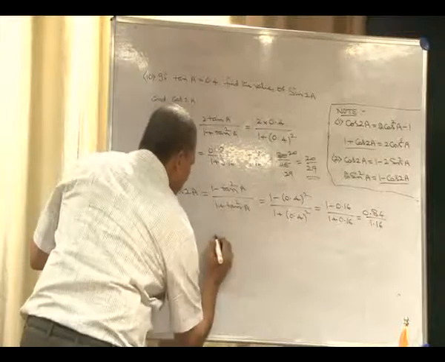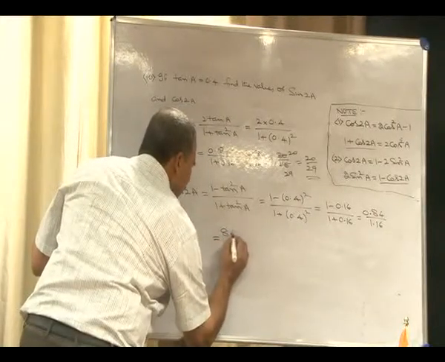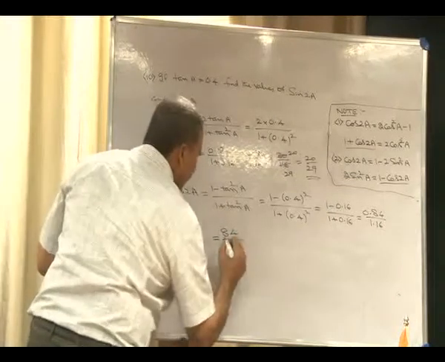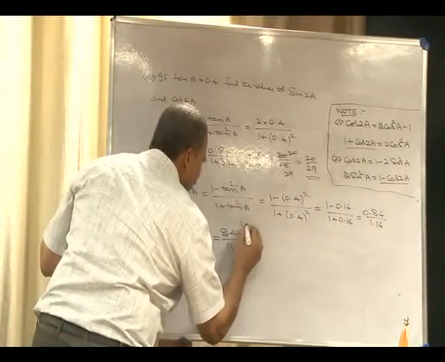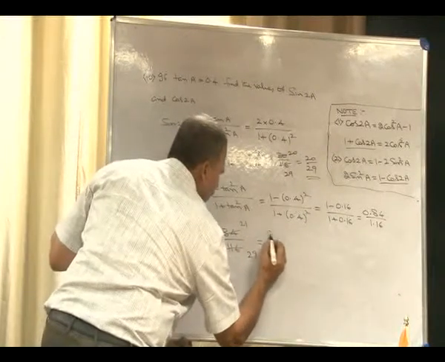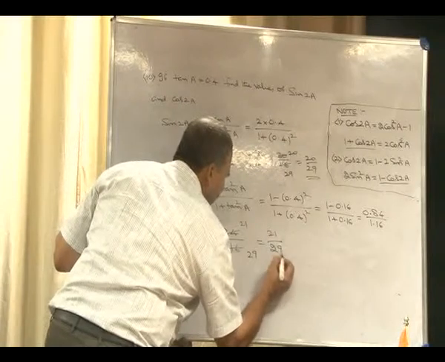Remove the decimal point in both, then we get 84 by 116. Cancel both by 4, that is equal to 21 by 29.